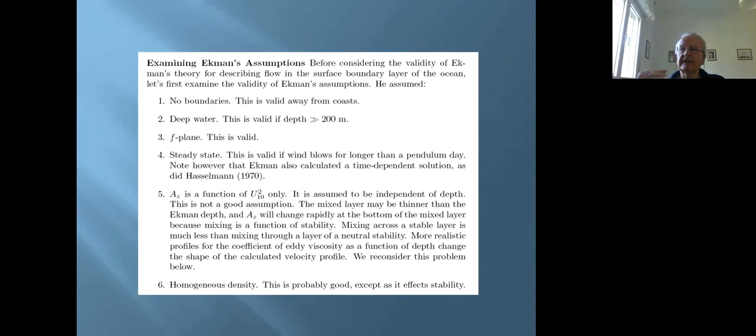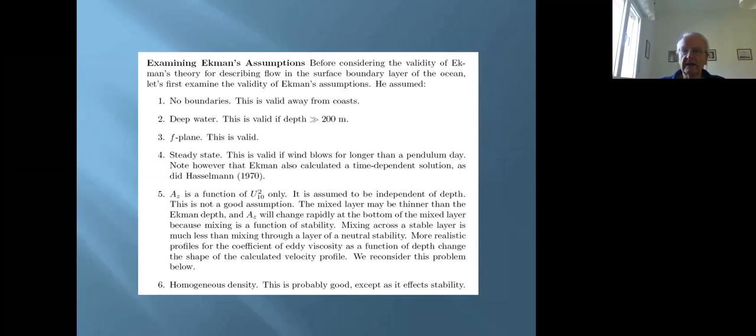So the steady state solution, or the Ekman layer solution, is valid if the wind doesn't change in a period shorter than about a day. Similar assumptions are valid for the geostrophic flow.